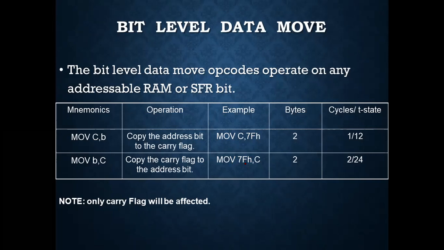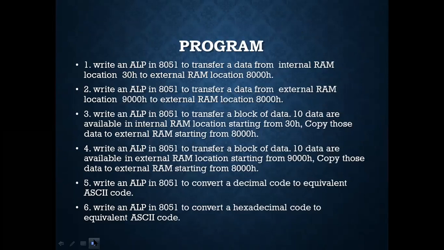Is it clear, or should I repeat? Clear, sir. Okay, so this is the simplest instruction that involves bit level data movement. I'll give some assignments later on. We'll come back to this.